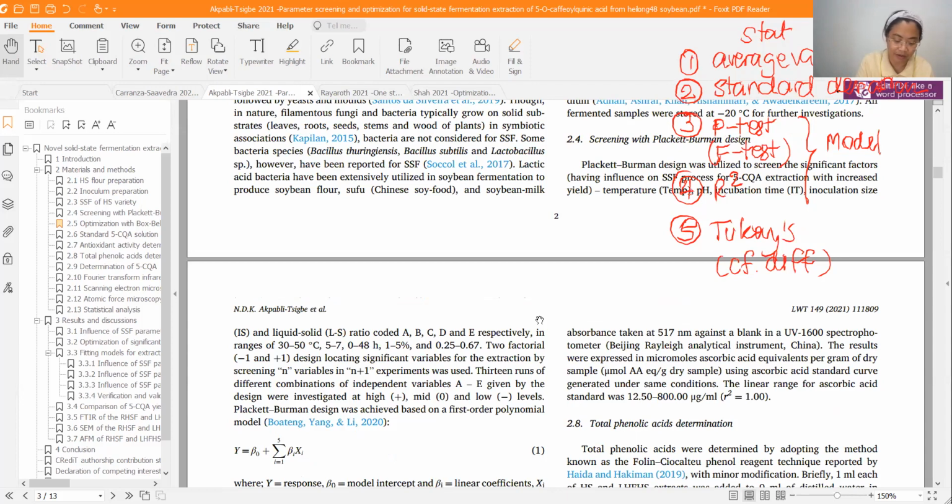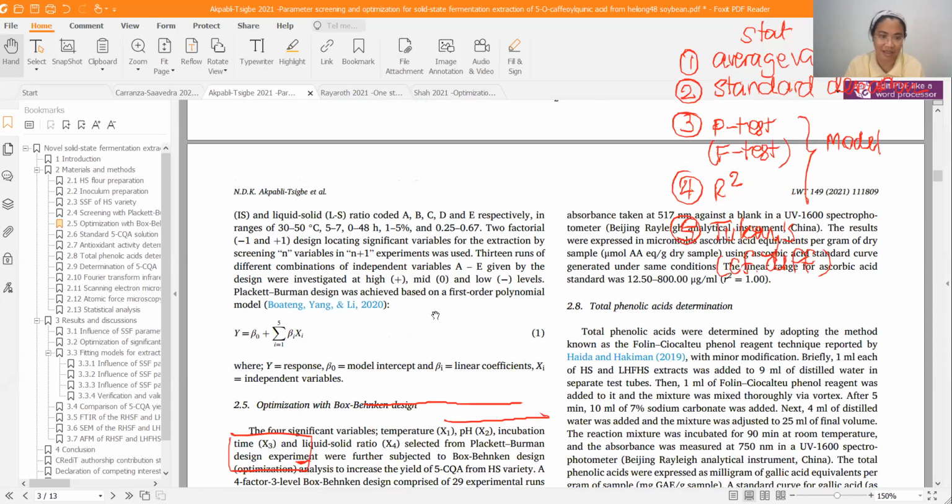So they use Plackett-Burman design, and this design has 3 levels, and they use a first order polynomial again to determine things. Whenever you see this, the first order polynomial is basically a linear model because it has linear coefficients.